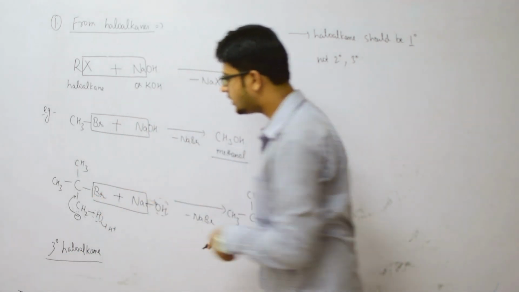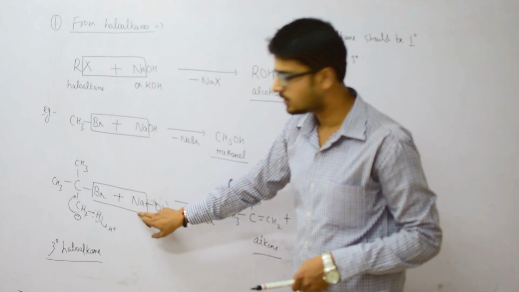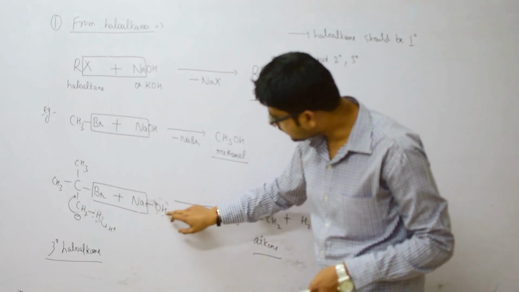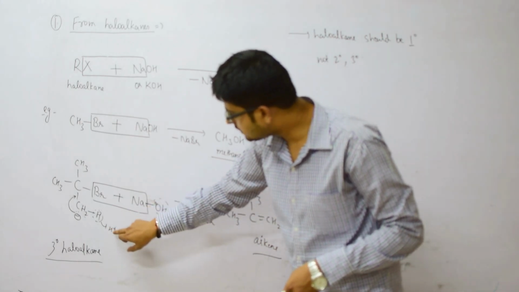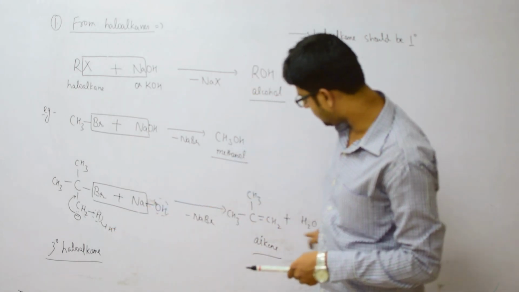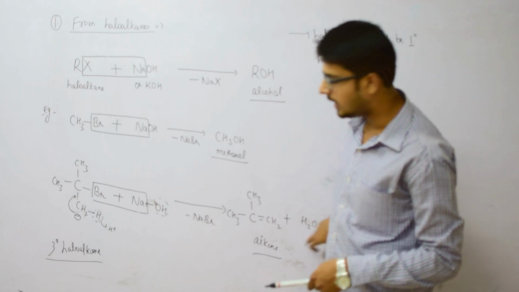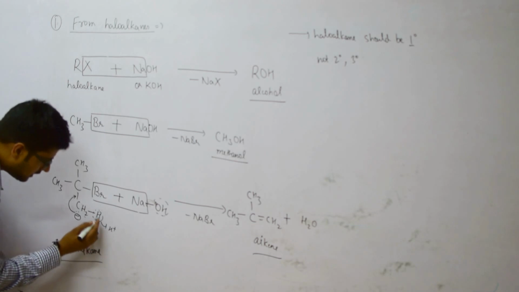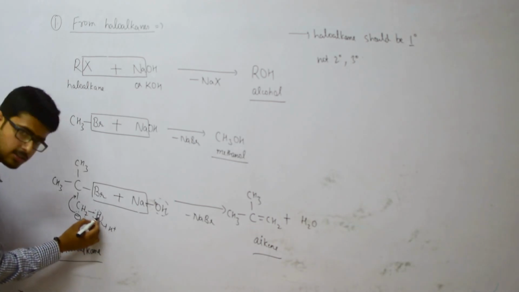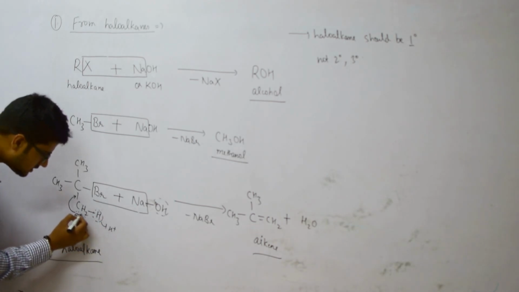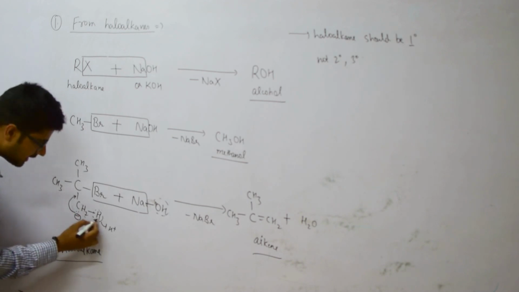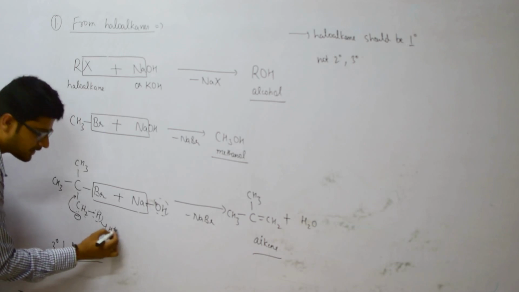When we treat tertiary haloalkane with NaOH, then this NaBr is eliminated. This OH combines with this proton and leads to the formation of water molecule. And this proton is donated in the form of H plus ion, because this hydrogen atom donates its 2 electrons and a carbon ion is developed, and it is eliminated in the form of H plus ion.